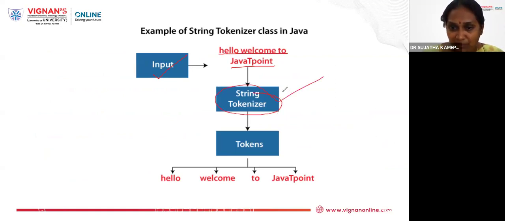It divides the string into different tokens. Since it finds a white space here, it uses the white space as the delimiter, and by identifying that delimiter, it divided the string into 4 tokens. Hello is 1 token, welcome is another token, to is another token, and Java T point is another token.